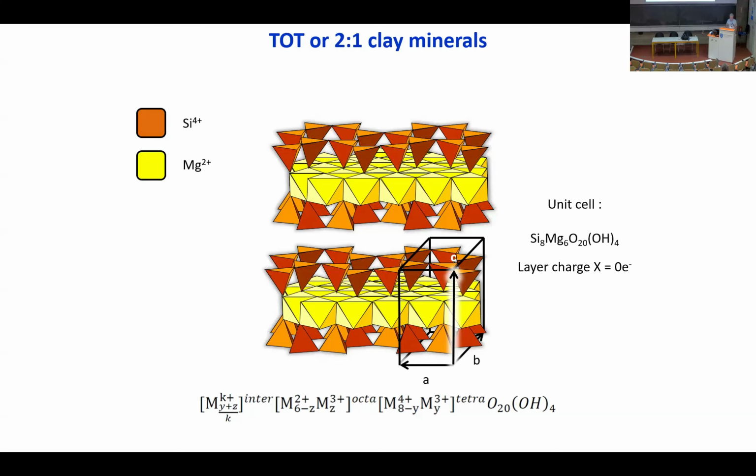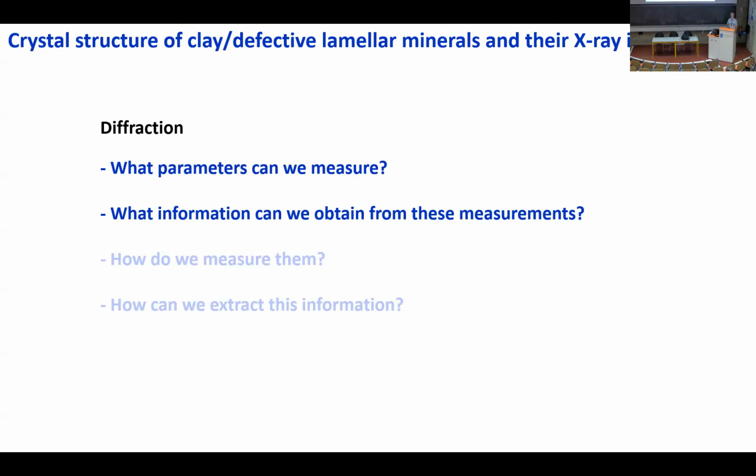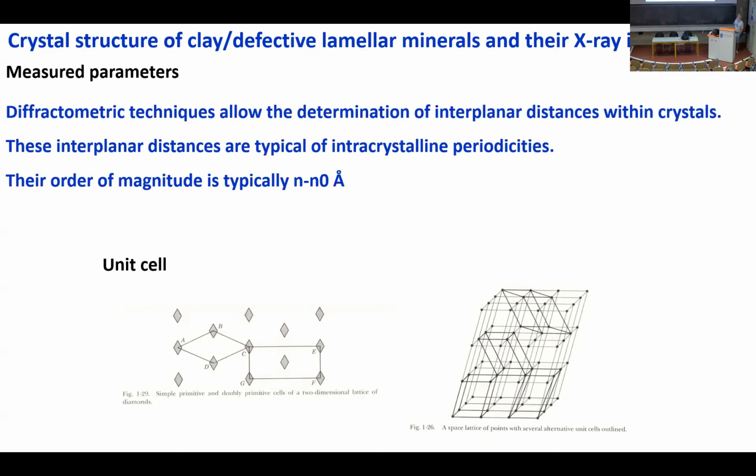Essentially, the first thing we will have to know here is what are the parameters we can measure using X-ray diffraction, and what kind of information we can obtain from these. To answer these first two questions, what we are measuring when we are using X-ray diffraction techniques is interplanar distances within crystals.